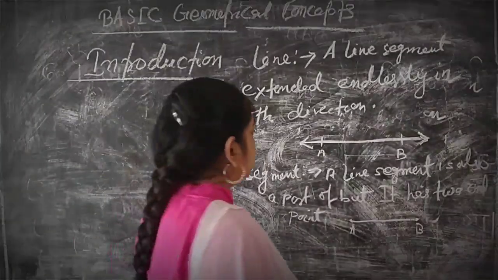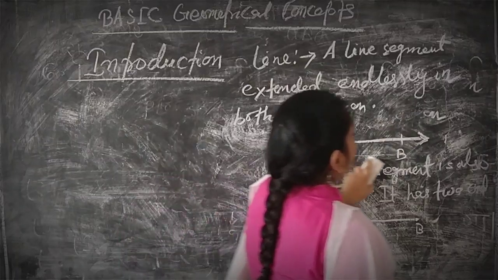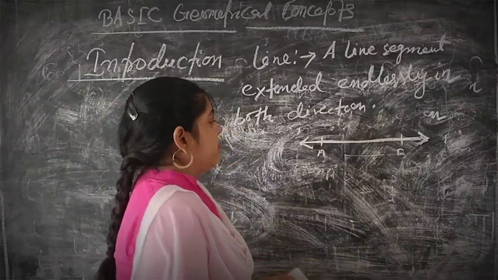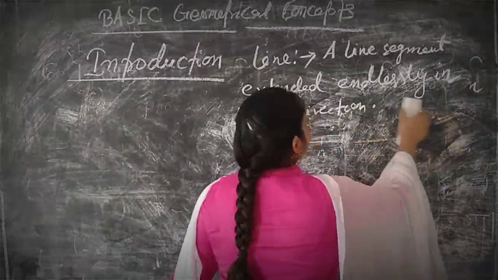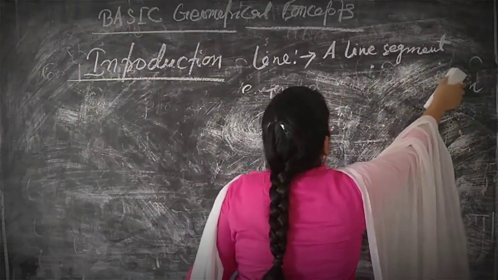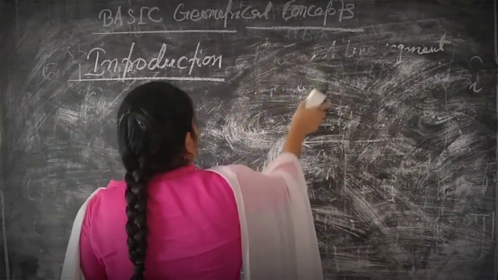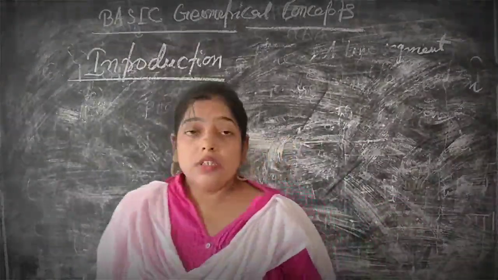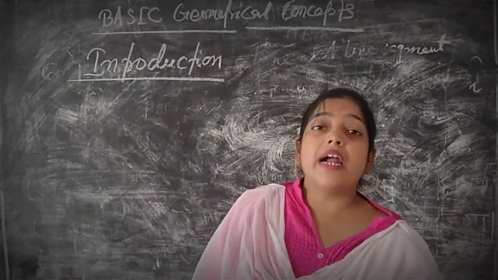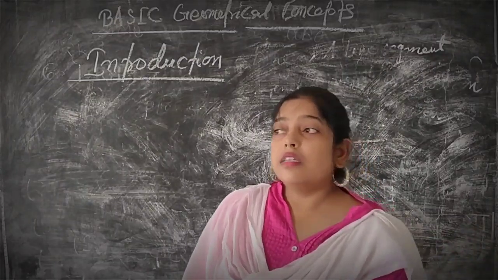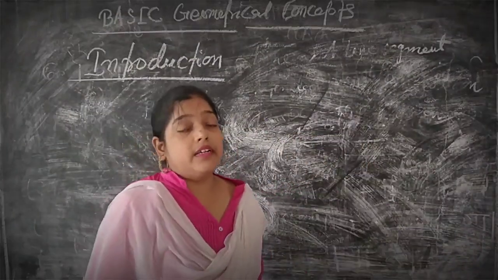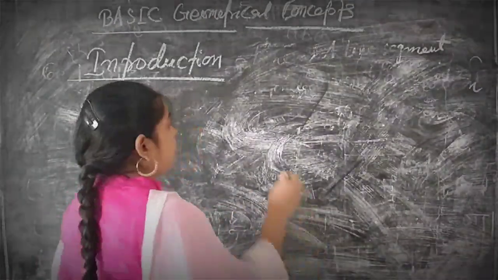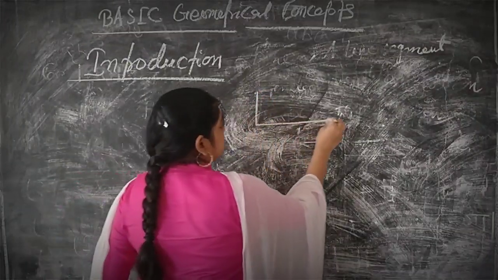Now next, what is a ray? In our environment we can see many examples of a ray, but in our daily life we use a torch. A torch is an example of a ray. We can draw the picture of a torch. Look at this picture.